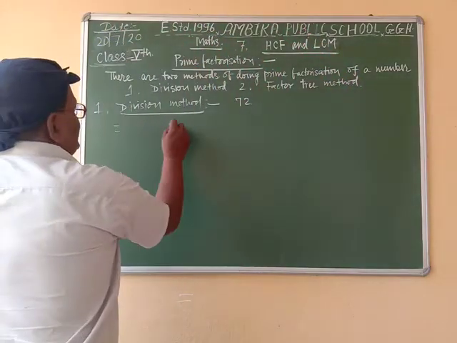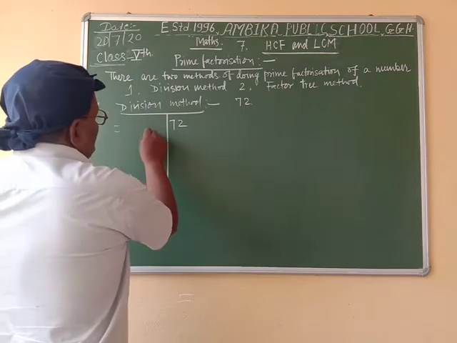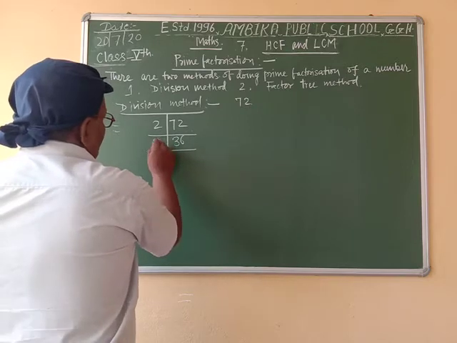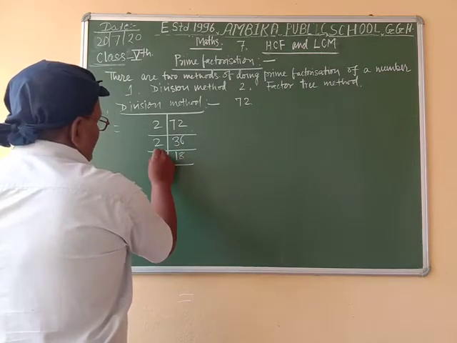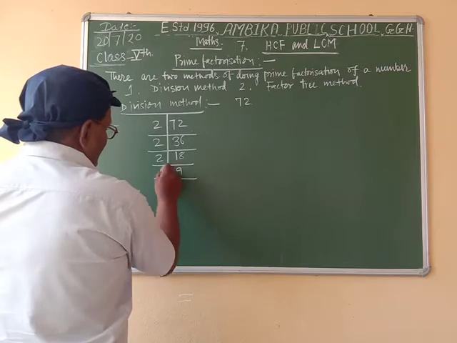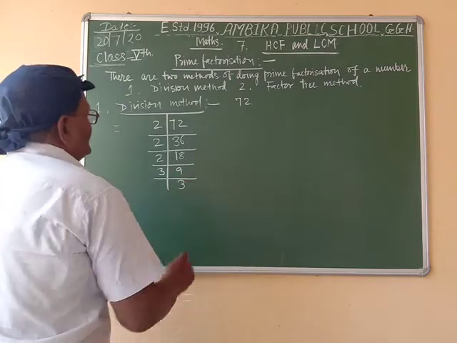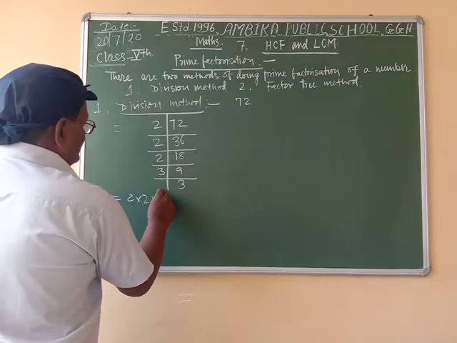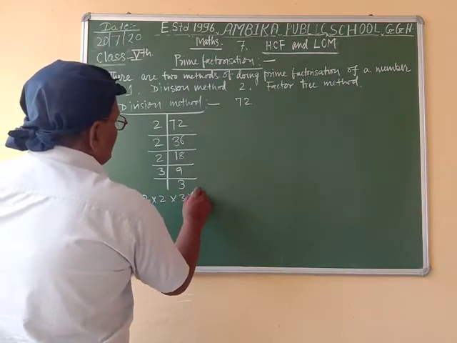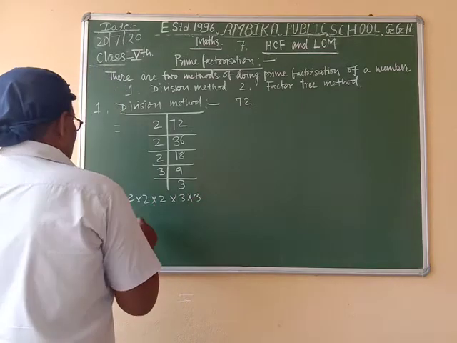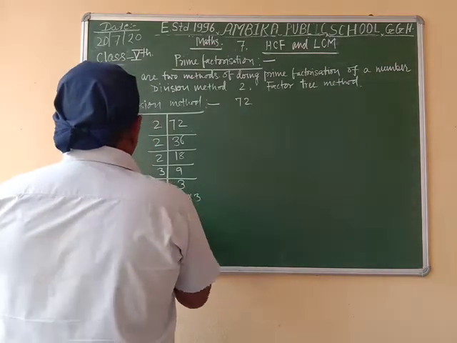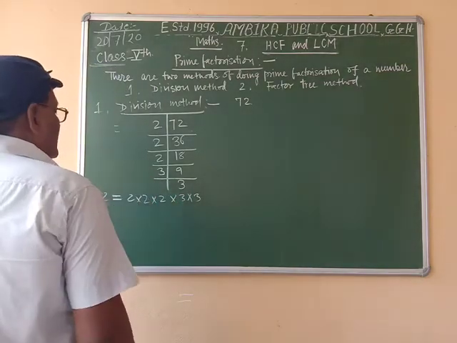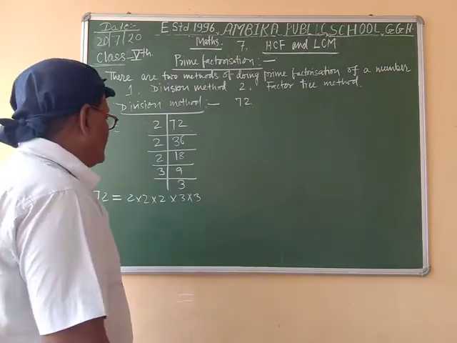Here we write 72 dividing by 2, 36, 18, 9, 3, 3. 72 is equal to 2 into 2 into 2 into 3 into 3. The prime factorization of 72 is 2 into 2 into 2 into 3 into 3.